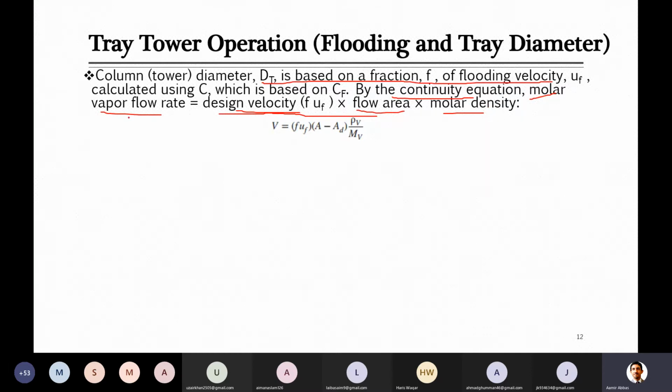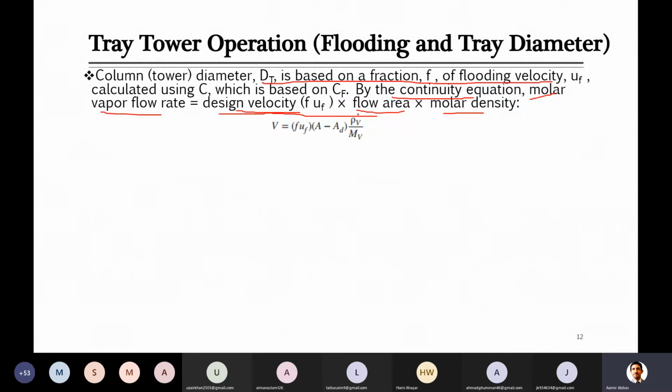If you take it to the other side of the equation, moles will cancel with moles, and you will have volume per unit time. That volume per unit time can be written as area into velocity. That's the same thing; you can write it and derive it if you are confused about whether it is the equation of continuity or not.